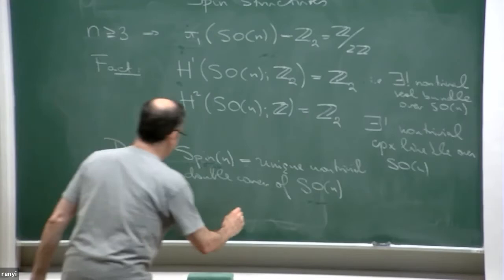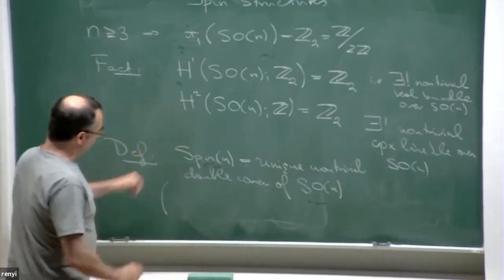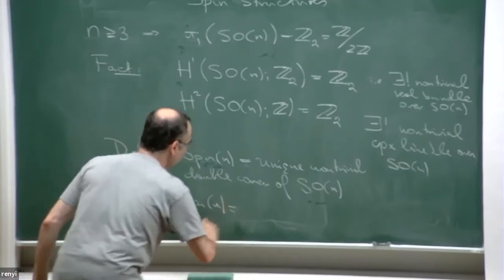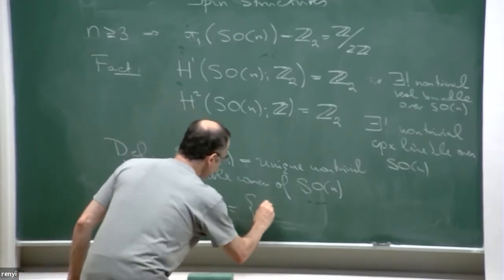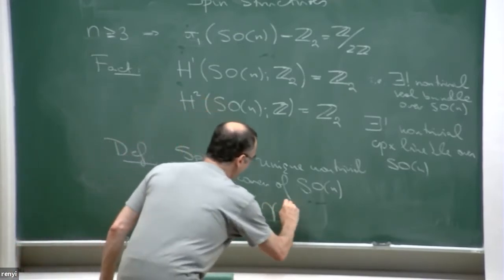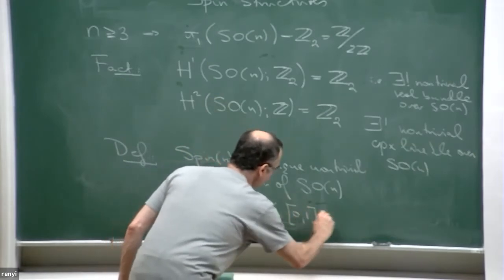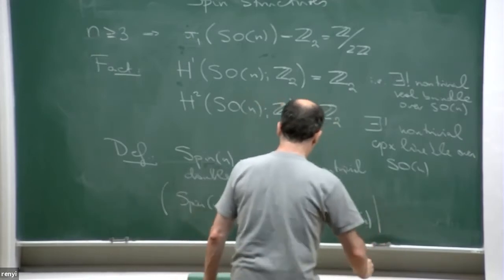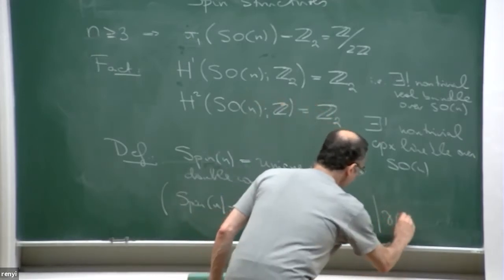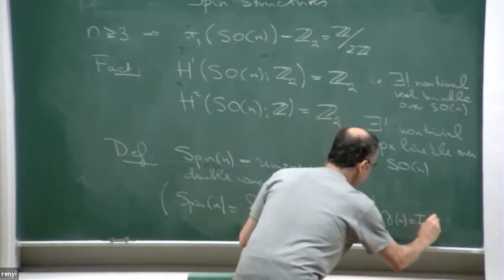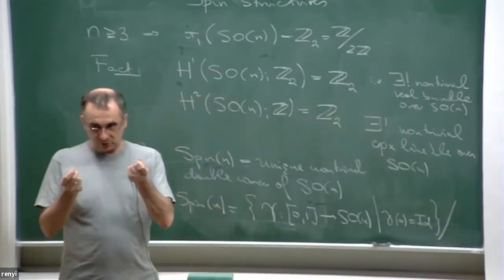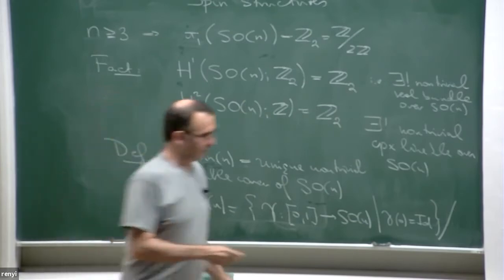And of course, it can be done by considering this Spin(N) as follows. We are just taking those continuous maps gamma from the interval to SO(N) which have gamma(0) equal to the identity matrix. And we consider this set up to homotopies fixing the endpoints.